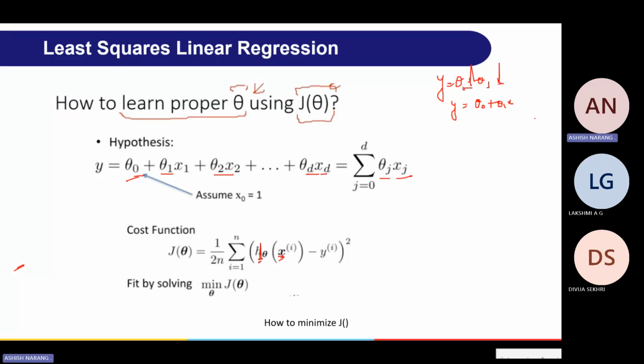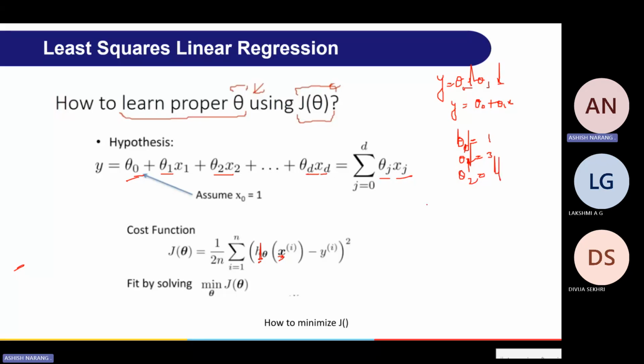For example, let us say I have three parameters: theta 0 is 1, theta 1 is 3, and theta 2 is 4.